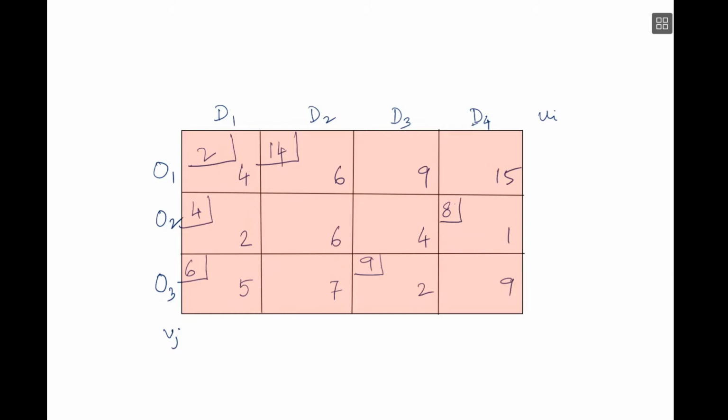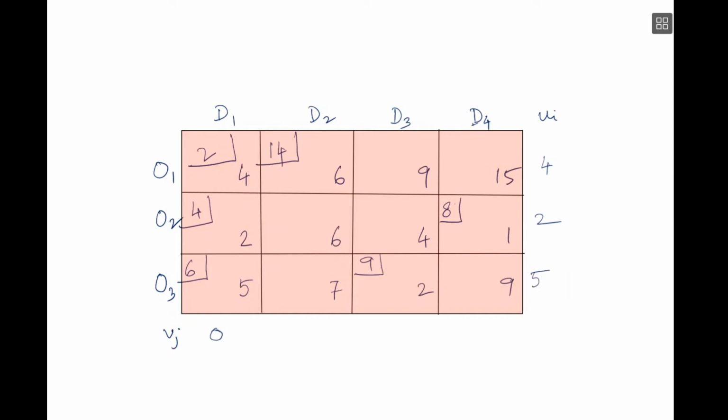Here we see there are 3 allocations in the first column. So during cell evaluations we choose V1 equal to 0. So U1 will become 4, U2 will become 2 and U3 will become 5.